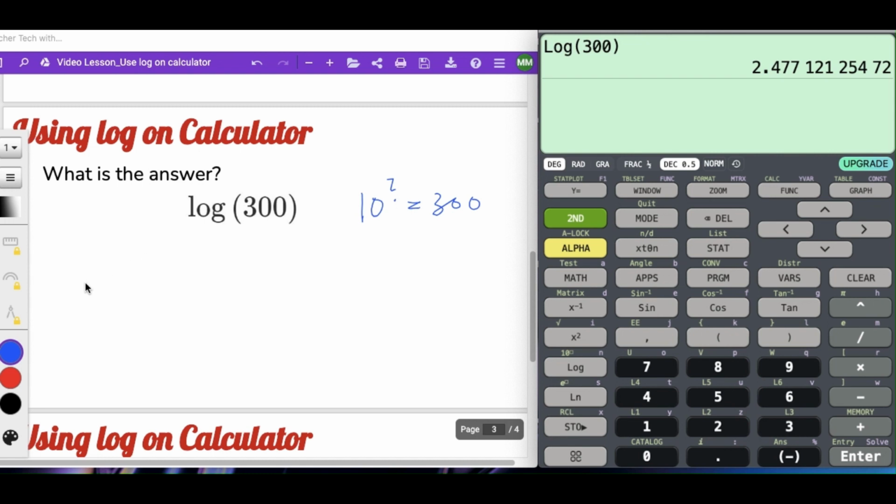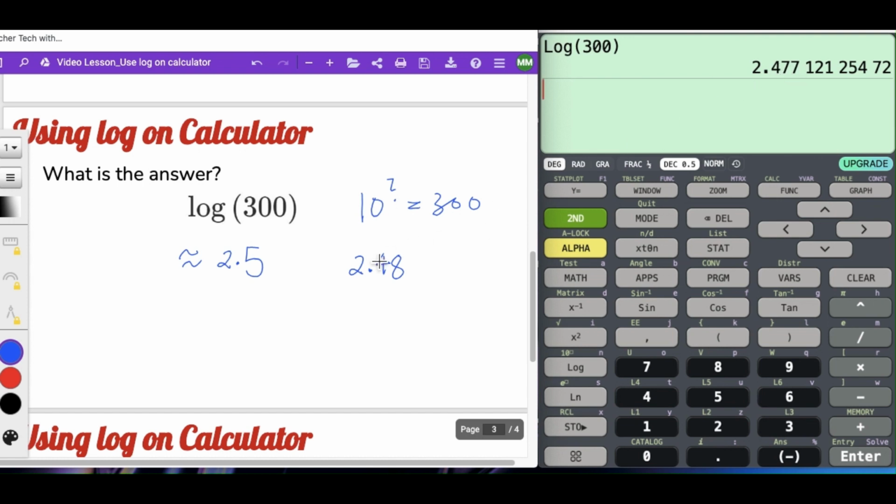For this case, we are going to round it to the nearest tenth, which is one digit after the decimal, so it's 2.5. If I ask to round it to the nearest hundredth, then we keep 2 decimals, so it becomes 2.48, because the third digit is 7.